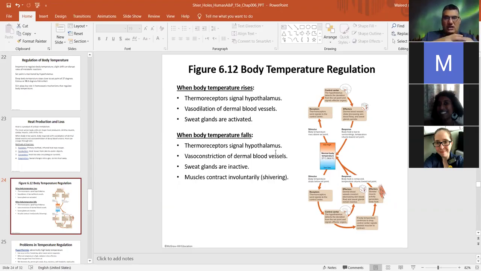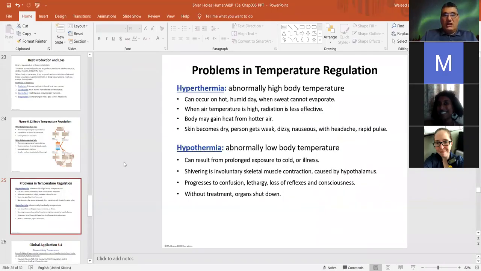All of that will keep your body temperature, because it's cold outside. If it is hot outside, your thermal receptors in the hypothalamus are going to change that. It's going to turn on the cooling unit, the air conditioning, and you're going to vasodilate, you're going to sweat more, and so on. And muscles, of course, are not going to contract.